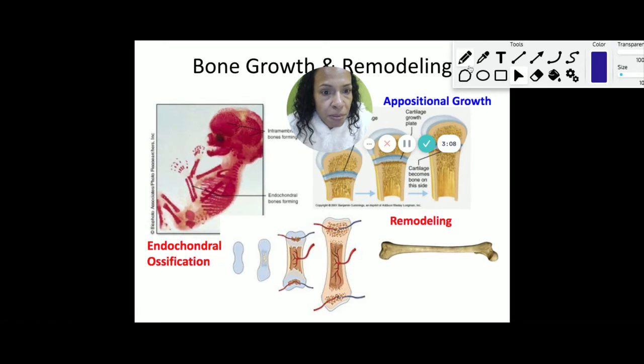And we'll talk about those in the next slide. And then finally, we have remodeling, and remodeling is going to be the last form of change, and that continues throughout your adult life. And that's where we're constantly reshaping bone and changing its density by either adding new tissue in areas of stress, strain, use, and additional force or gravity.